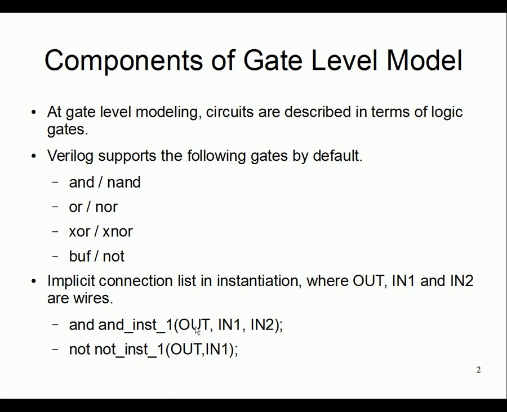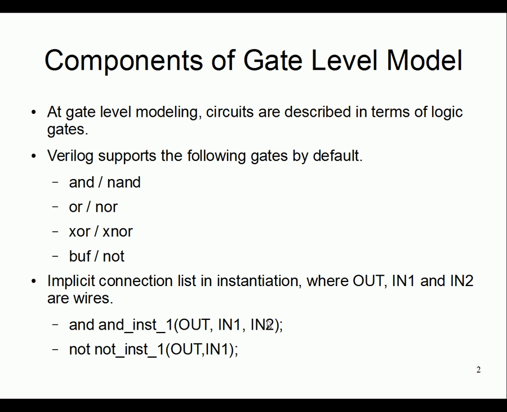So if I do this, these are the wires out, in1, in2. The connection to this module, with this instance name, will be done in the sequence of the port list of this module. Assuming the ports of this module are out, in1, in2, and we connect them in the right sequence, then we are okay.